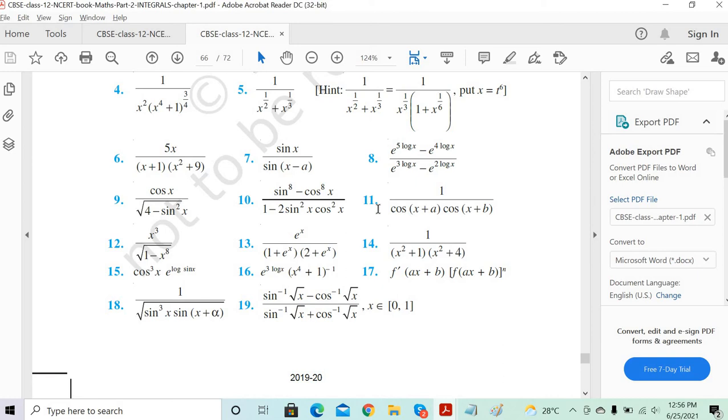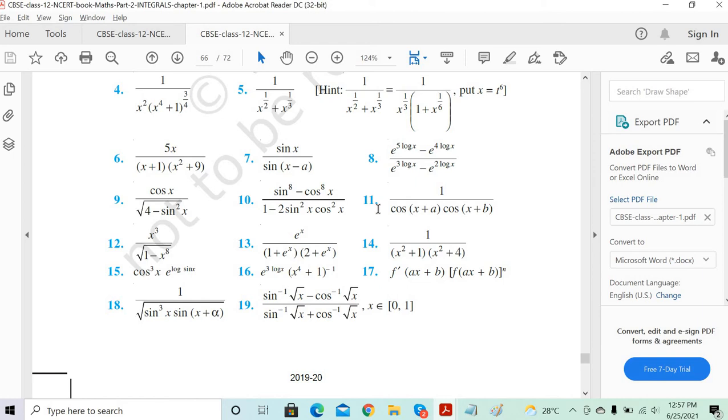So what you can do here is split the minus 2 sin square x cos square x as minus sin square x cos square x minus sin square x cos square x.